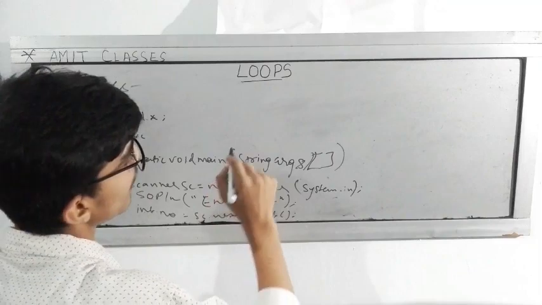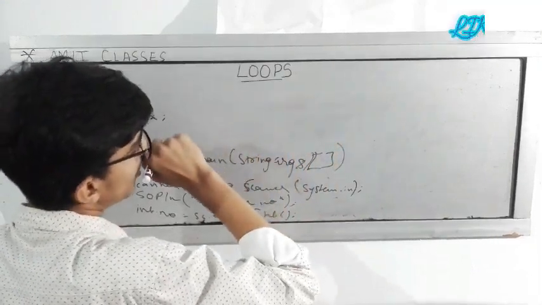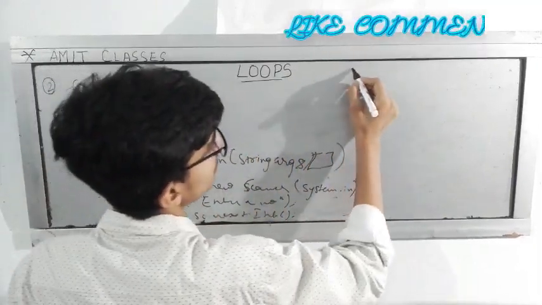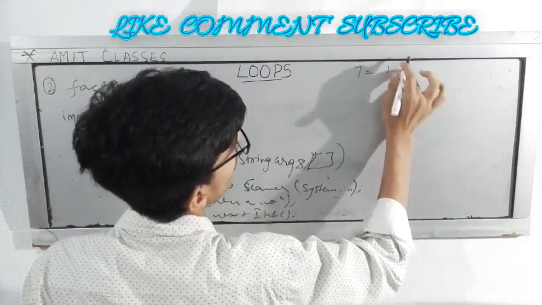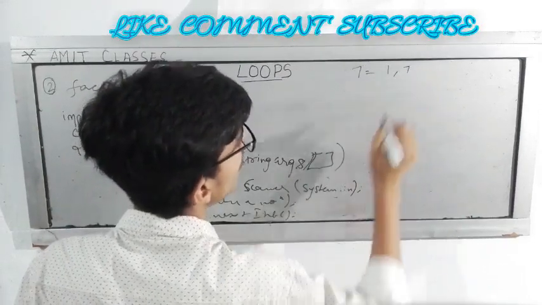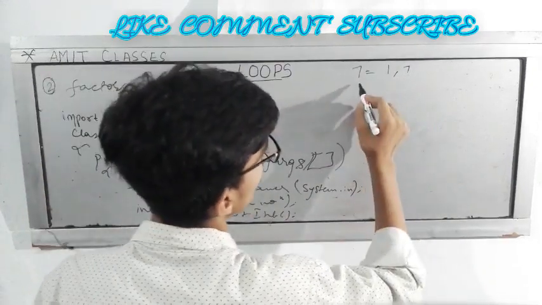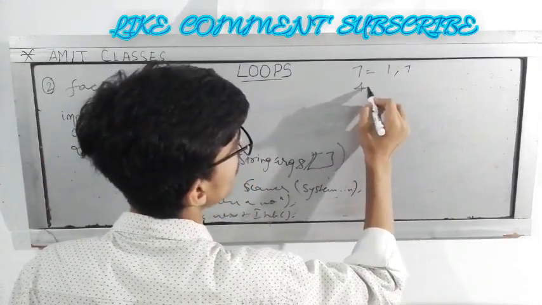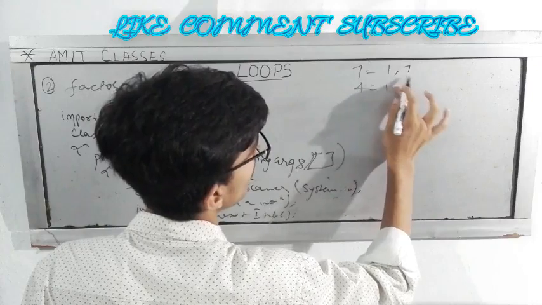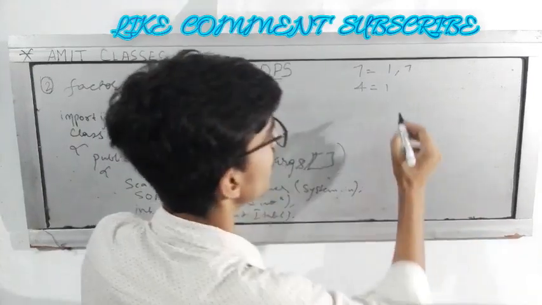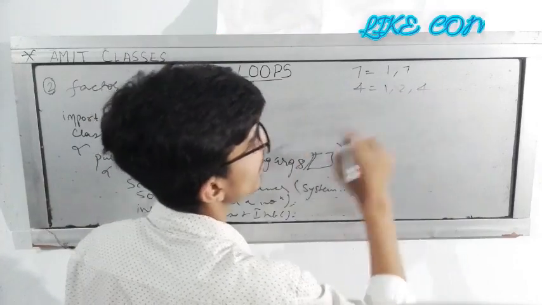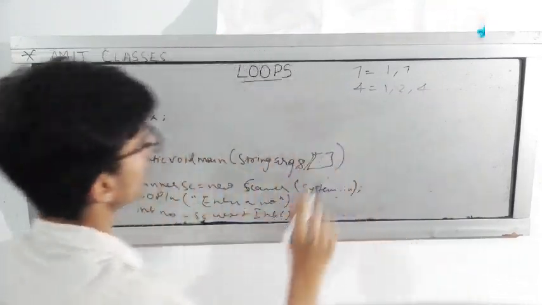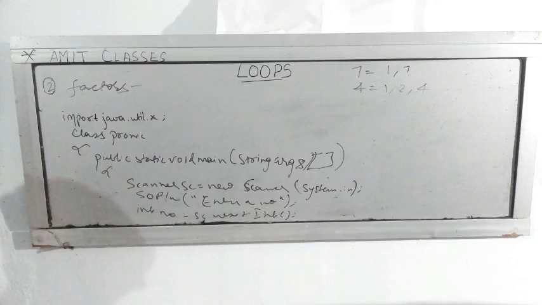If we take the factors of 7, then 7 is 1, 7. If we take 4, then 1, 2, 4. These are the factors of the number. So now we have to write the program for this.